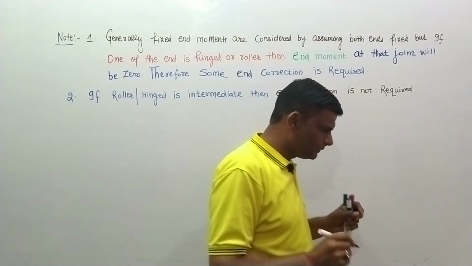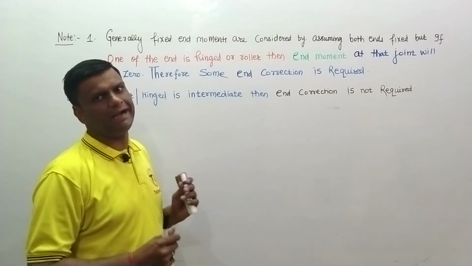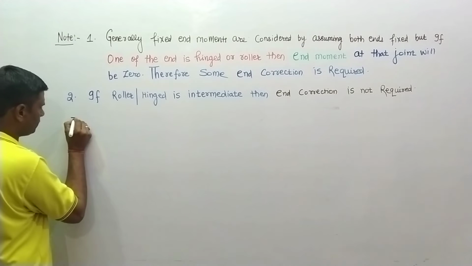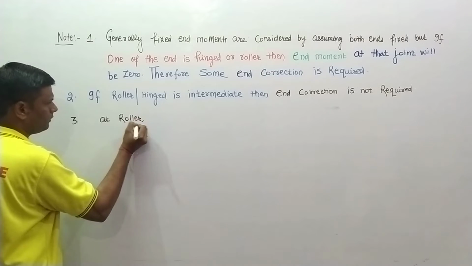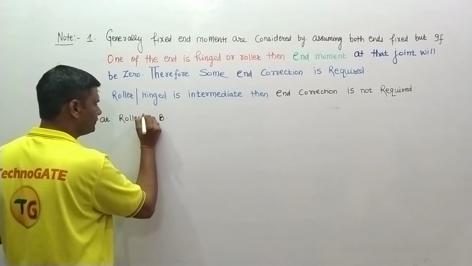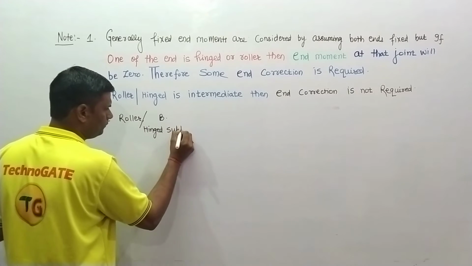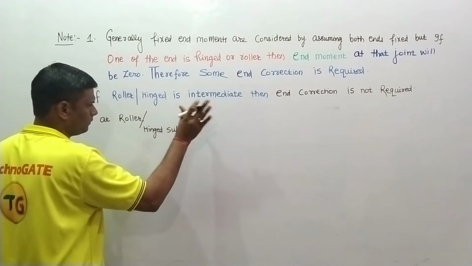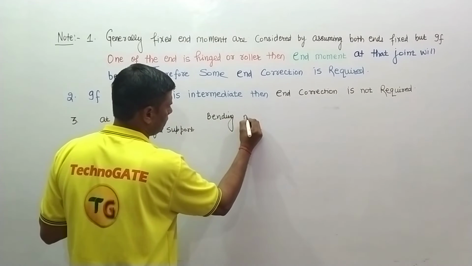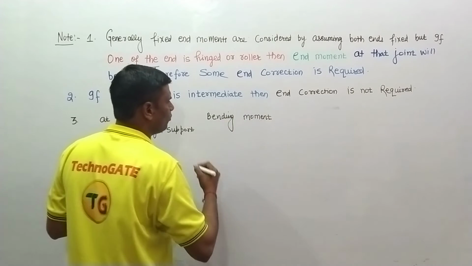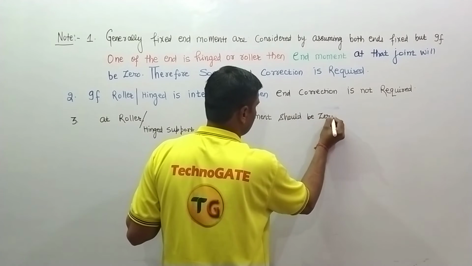At a roller, bending moment should be 0. So we have to add some negative moment in the place of some end correction at a roller or hinged support, because the bending moment should be 0.